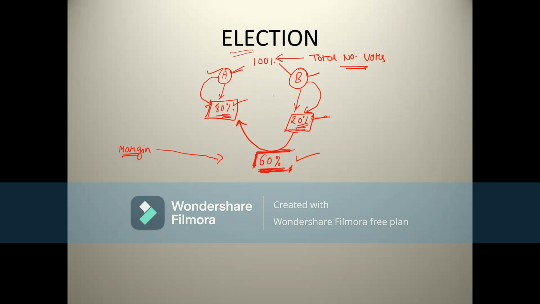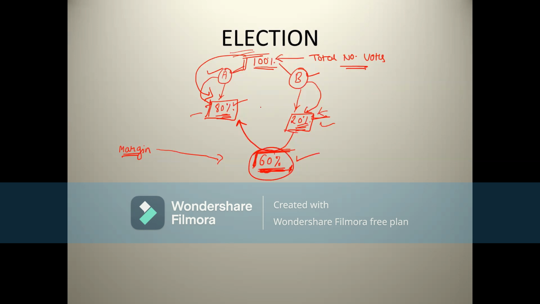So first, the total number of votes will always be 100%. In this 100%, the winner will get some percent of votes. In this case, the winner got 80% of votes, and the remaining votes will be got by the other person, B. The difference between the person who won and the other person will be the margin.